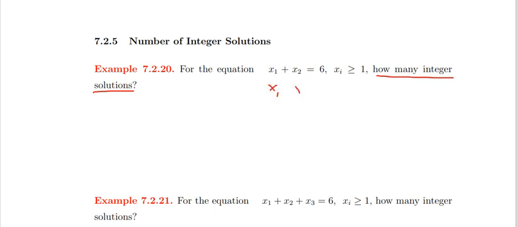Okay, so x1 can be 1, then x2 is 5. So 1, 5. Or x1 can be 2, then 4, right? Or 3, 3, 4, 2, 5, 1. So how many integer solutions? We say 5, right? We have 5 solutions.